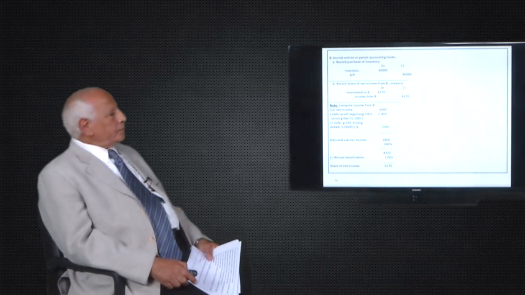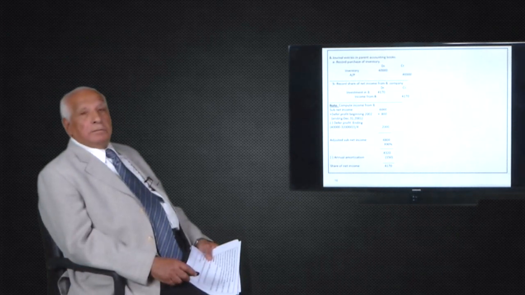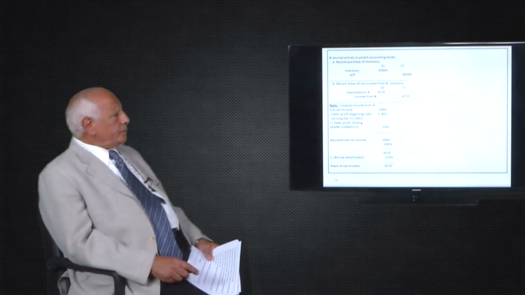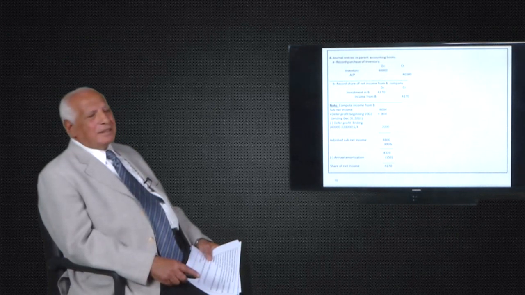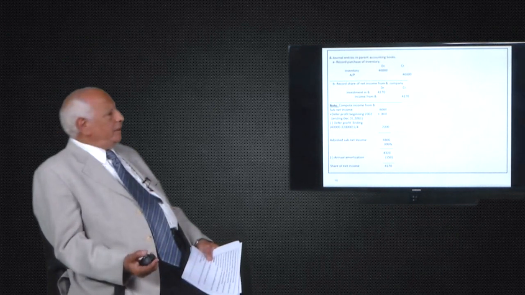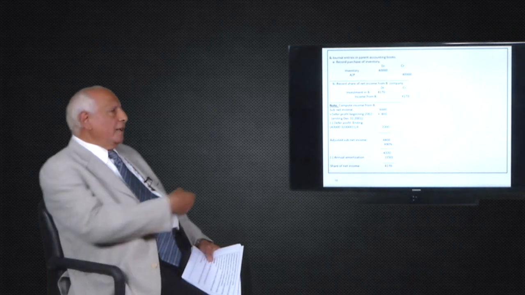Note, to compute income from B, you need to know sub net income, 6,000, plus deferred profit beginning of year 2002, that's 800 from last year. Remember, ending last year is beginning next year.